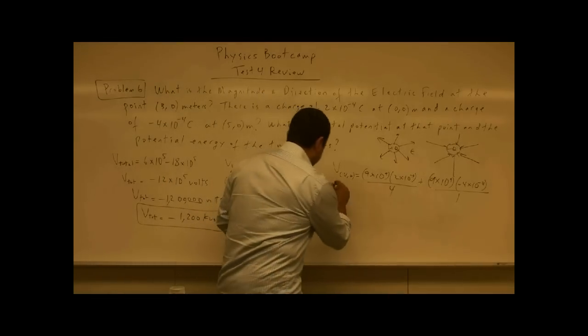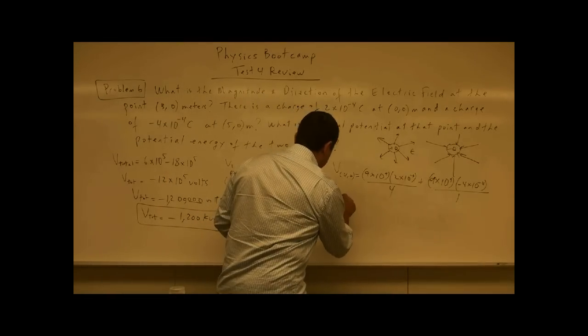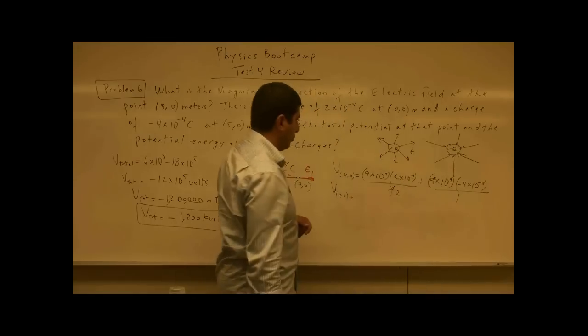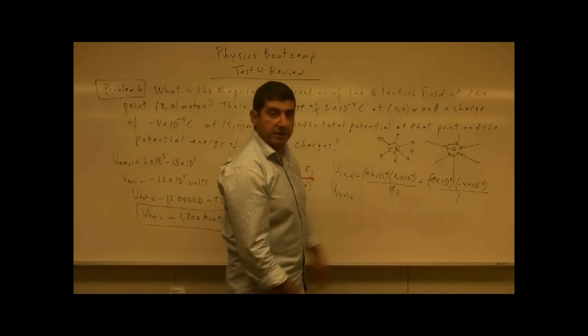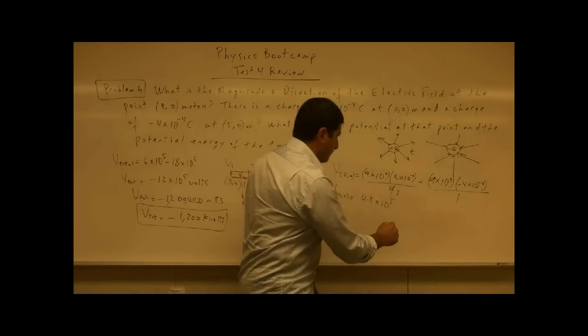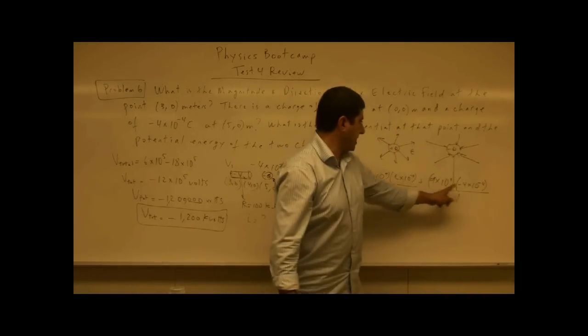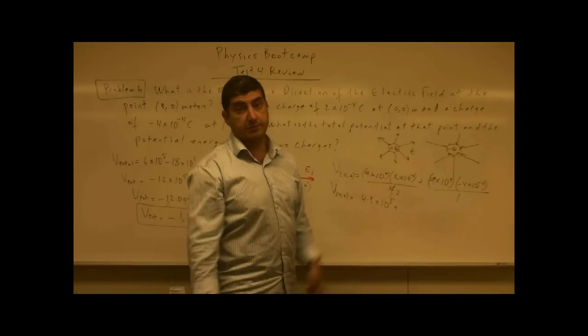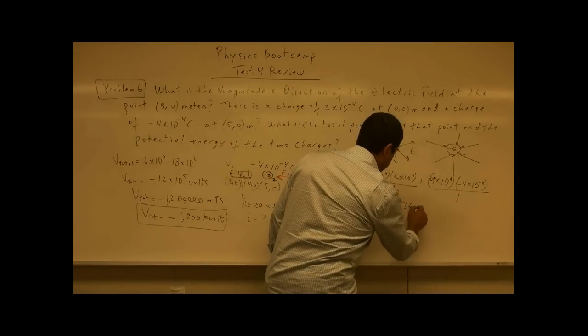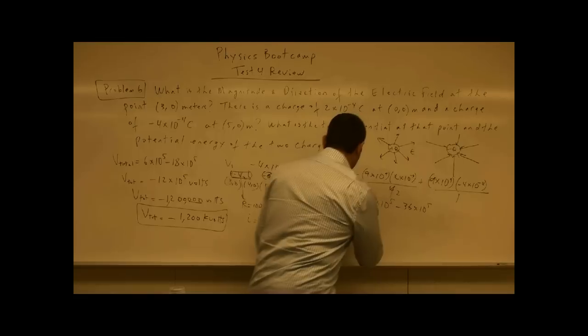So then you're going to have V of 4,0. The 2 is going to cancel the 4. Then you're going to have 9 divided by 4 is 4.5 times 10 to the 5th. Plus, and then what is this? 9 minus 4, so that's simply negative 36 times 10 to the 5th.